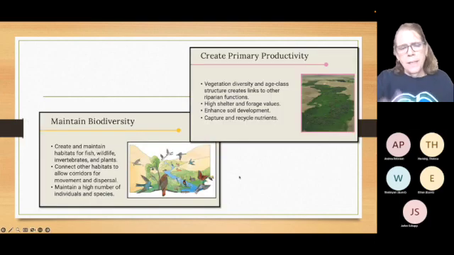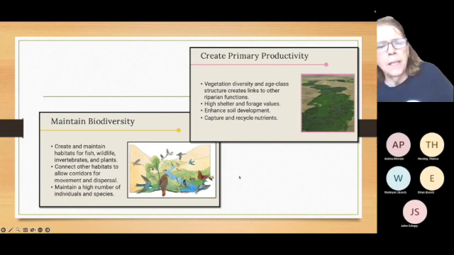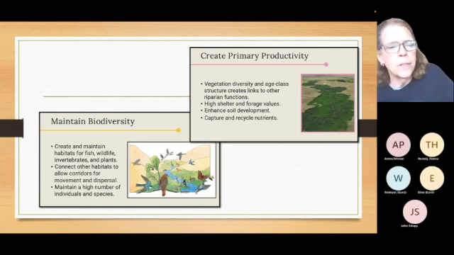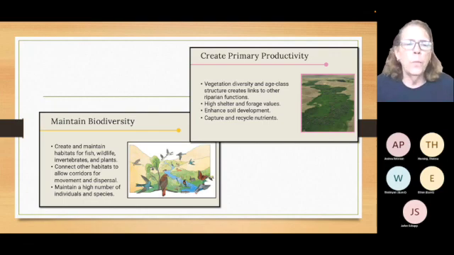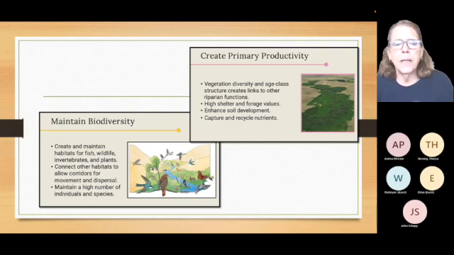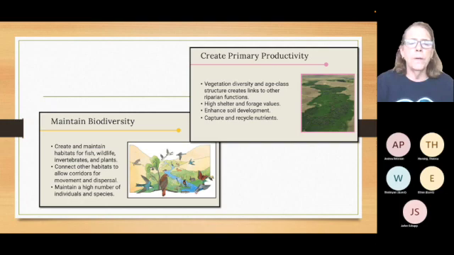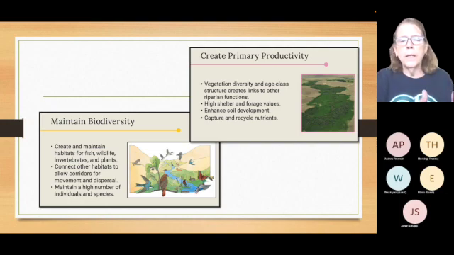All right. We talked about this already, but I'll mention it again. Riparians are super, super important. They create and maintain habitats for fish and wildlife. They connect habitats. We have certain wildlife and animals that live in the uplands. We have certain wildlife and animals that live within the riparian.